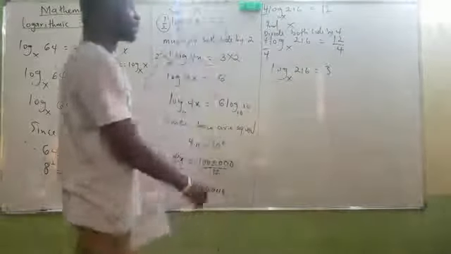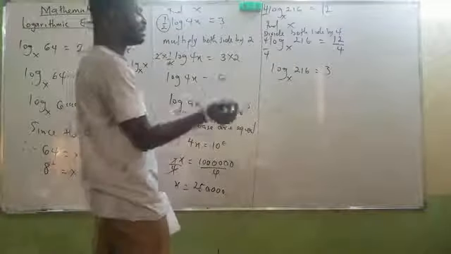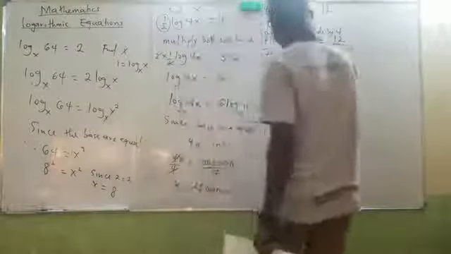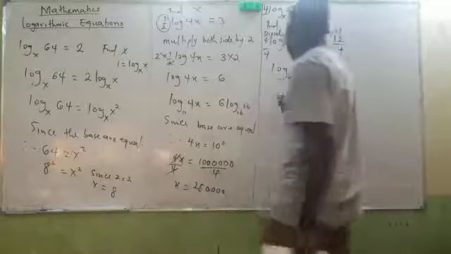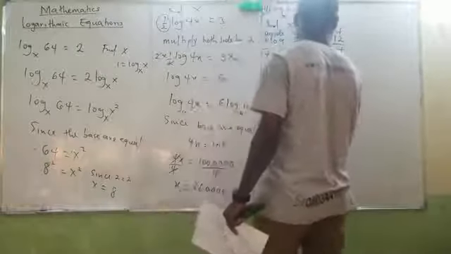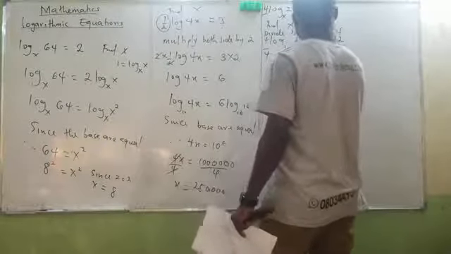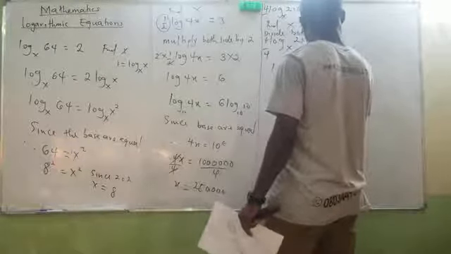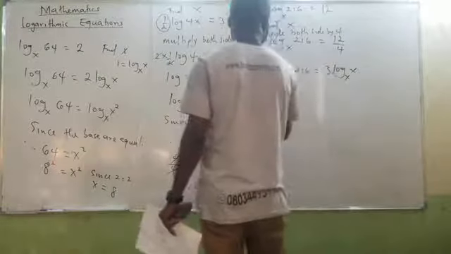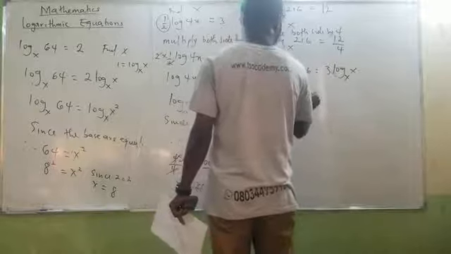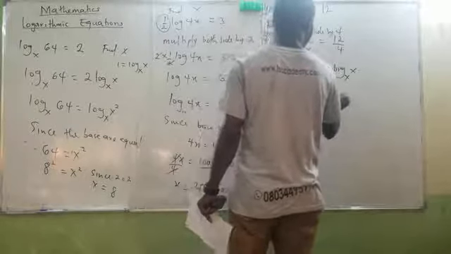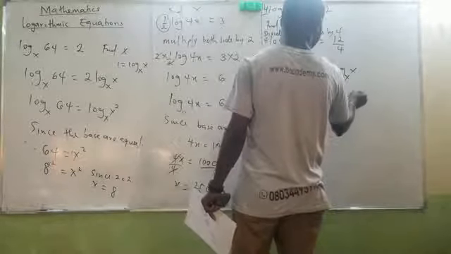Since I have this, what can I do to make this fine? I can multiply by 1, and my 1 can be log x. Now, log x 216 equals log x 3.